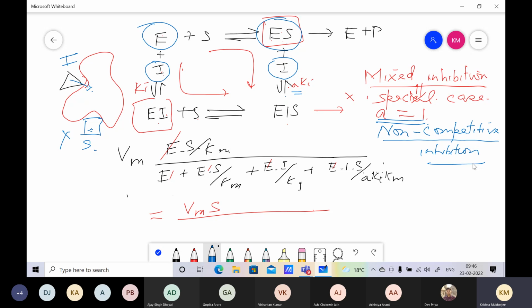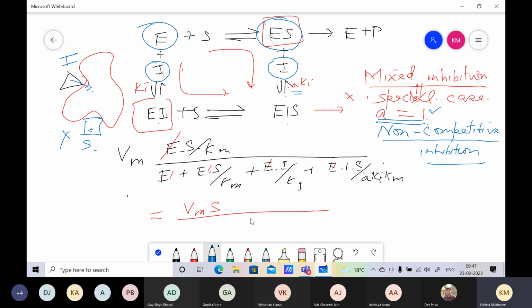So some inhibitors behave in a non-competitive manner, which is essentially mixed inhibition, but with alpha equal to 1. So they are able to bind with the EI complex and it attacks every point.